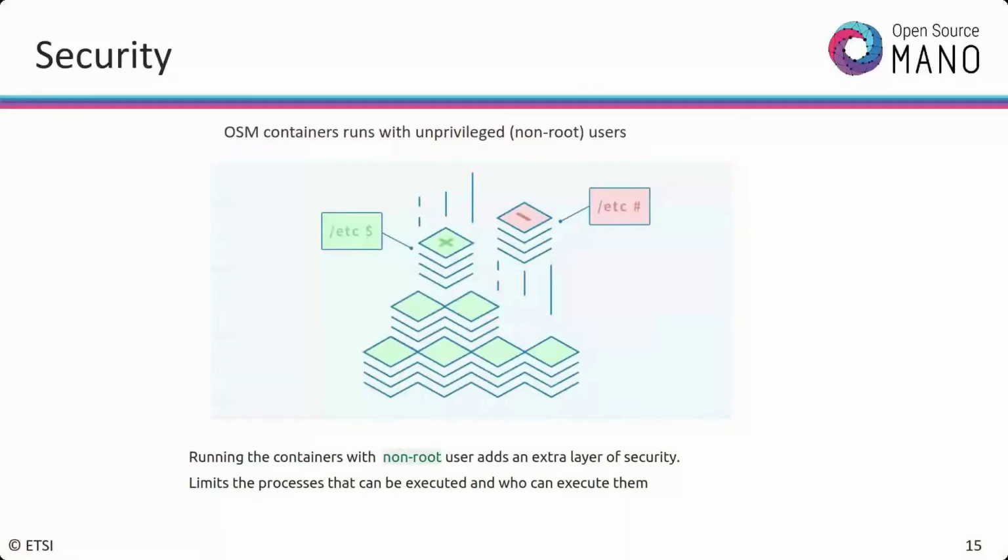By running a container as a non-root user, we prevent the escalation of privilege where they won't be able to install new software in the container or modify any of the existing software.